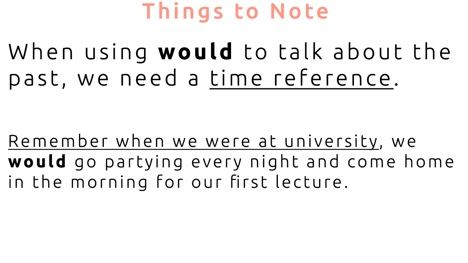This is very important to remember. You must include a time reference. Otherwise, your sentence won't make much sense. If I simply say, I would go to the park every day, the listener won't know when I'm talking about. They'll be very confused.